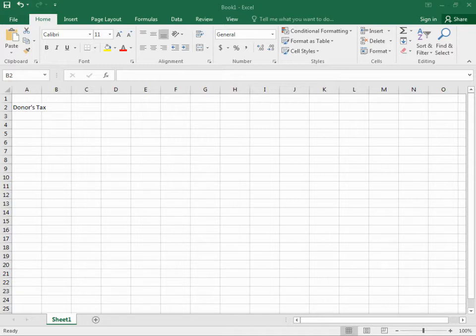Then, in donation, we have four essential requisites for a valid donation.